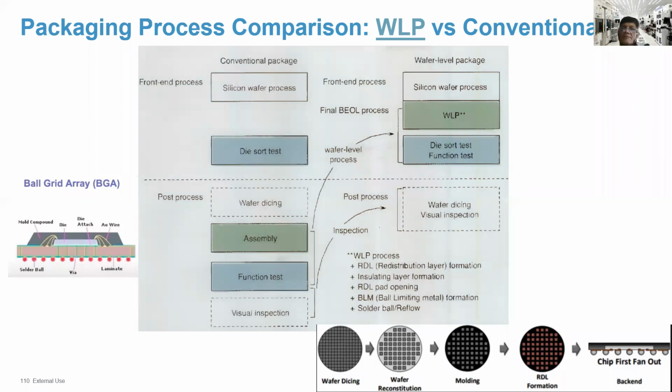and after the function test and visual inspection, you take it out to the market. But if you take a look at wafer level package, after you've created your silicon wafer, the finished wafer, you are doing something different. You are doing a wafer level packaging, and all the good dies are again taken and put on a carrier, a 300 mm wafer, for example. And a molding compound is laid on it.